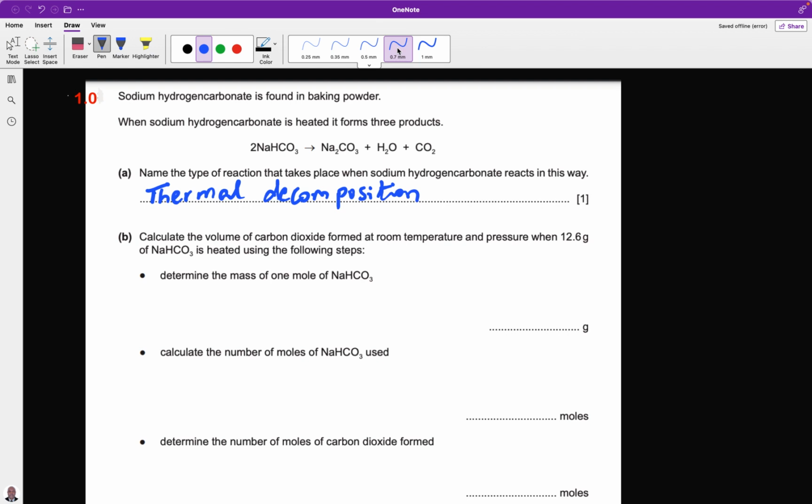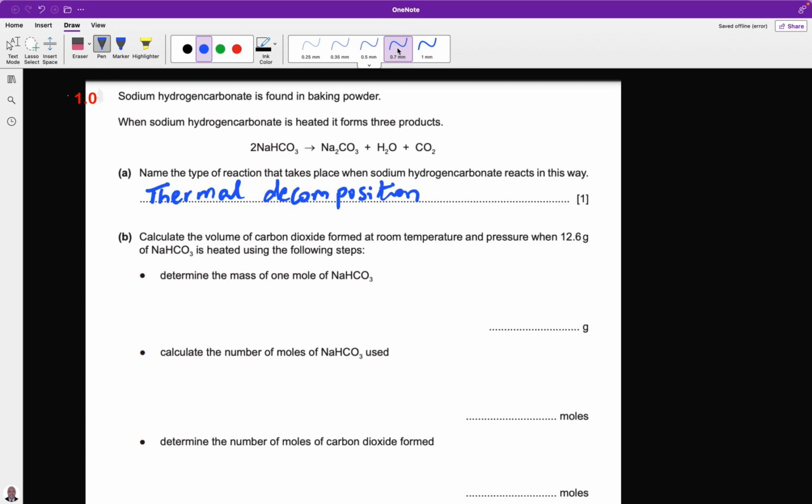B, calculate the volume of carbon dioxide formed at room temperature and pressure when 12.6 grams of sodium hydrogen carbonate is heated, under the following steps. Determine the mass of 1 mole of sodium hydrogen carbonate.